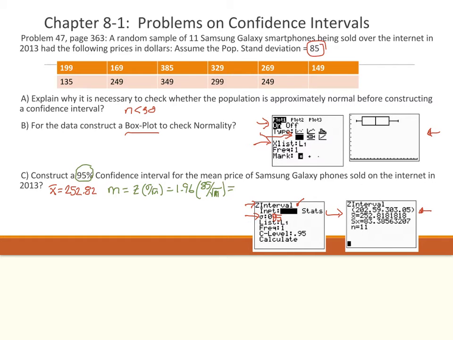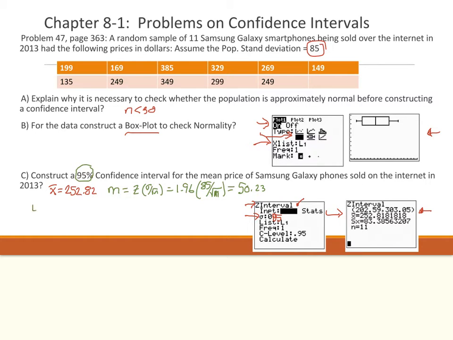When we do our calculation, we get $50.23. So now we have a point estimate and we have a margin of error. Now we can calculate our 95% confidence interval.